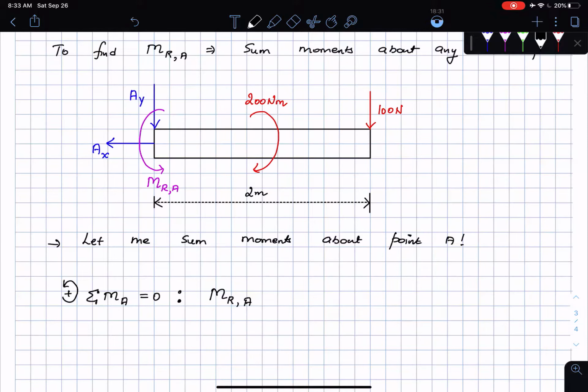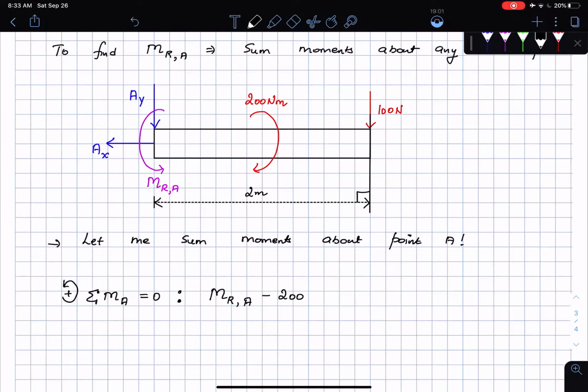Look at the forces AX and AY. They are sitting at the point A, which means that they are not going to contribute to any moments about the point A. Okay, then look at the 200 Newton meters. It is clockwise. I say counterclockwise is positive, so this is going to be minus 200. Then I'm going to have the 100 Newton force. If I look at the 100 Newton force, line of action of that force is right here. I see that the perpendicular distance to the line of action from the point A is going to be a distance of 2 meters.